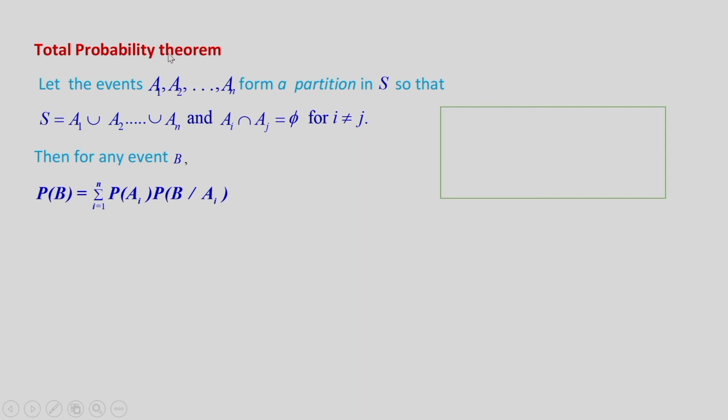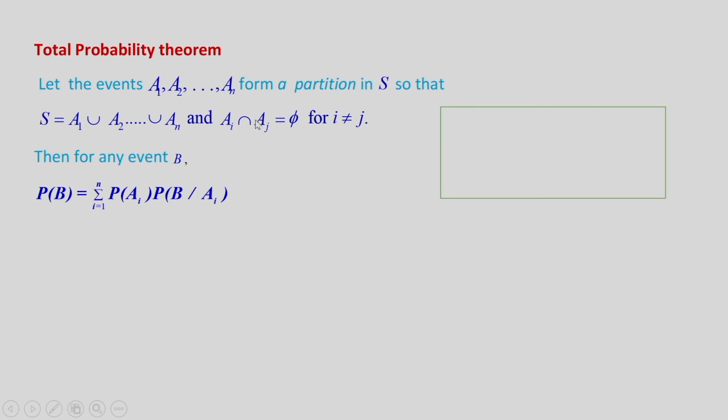Total probability theorem. Total probability theorem is one of the most important theorems in basic probability. Let us state this theorem. Let the events A1, A2 up to AN form a partition in S. So, what is a partition in S? It means that S is equal to the union of all these Ai, and Ai and Aj are mutually disjoint.